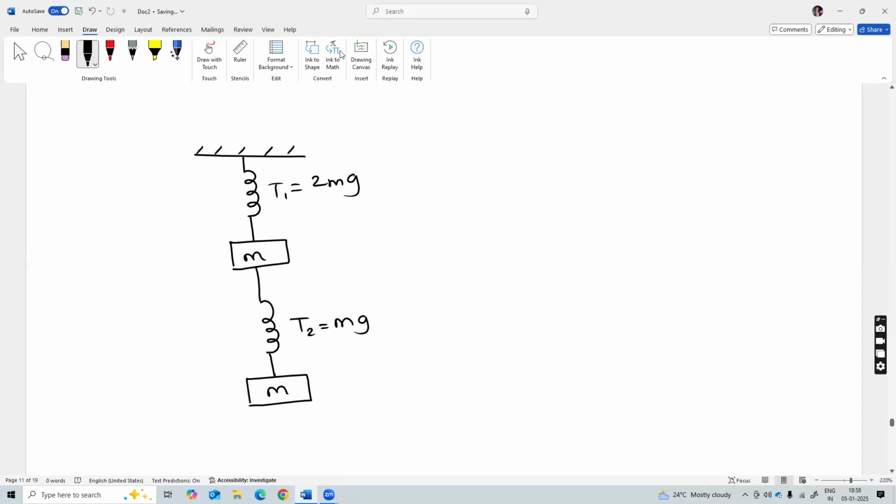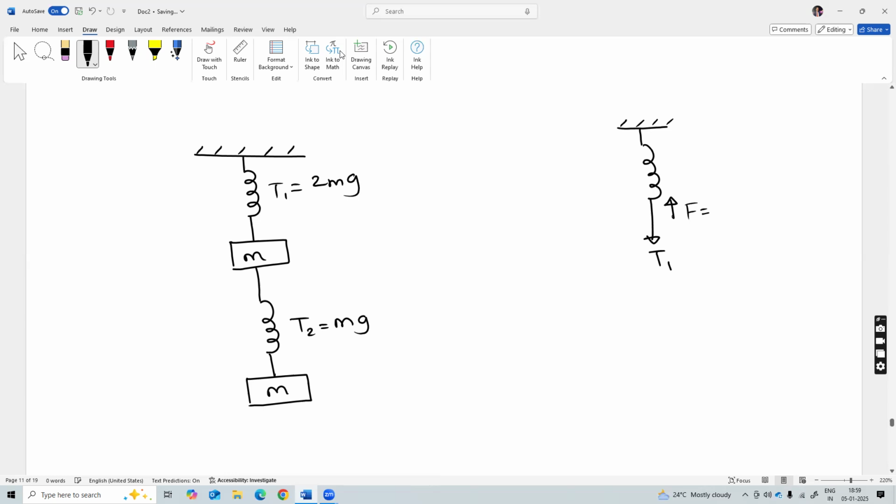Let's say tension is acting in this direction. If you are pulling the spring with T1, then there is a restoring force acting in the opposite direction, which is equal to T1 only.